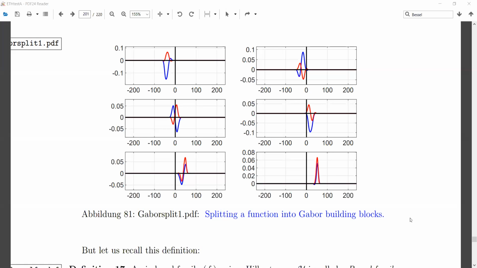But if you have a periodization which is coarse enough, keyword is the Nyquist rate, then you can recover, or you can say it's the same thing to know the function in a periodic version or in a local version only. So that's exactly the same information.